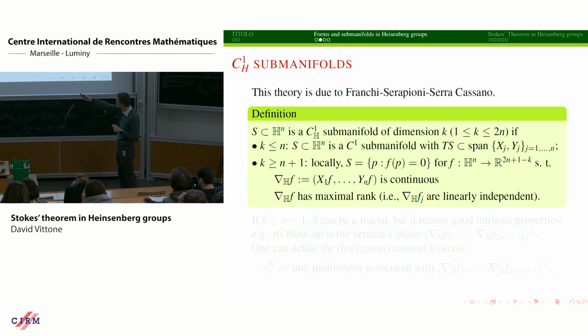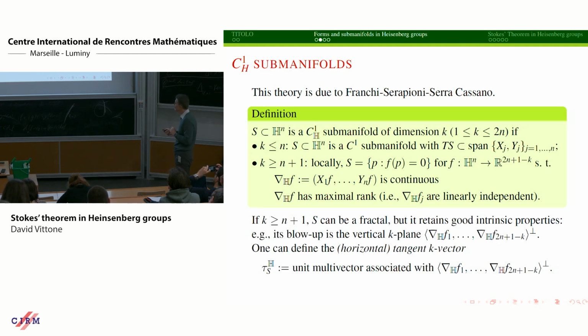Of course, these objects should be understood in the sense of distributions. And also, we require that this continuous matrix-valued function has maximal rank at all points, okay? Which means that for every component f_j, when we compute the horizontal gradient, we get a vector which should be understood somehow as a vector which is normal to S at the point, and these normals are linearly independent.